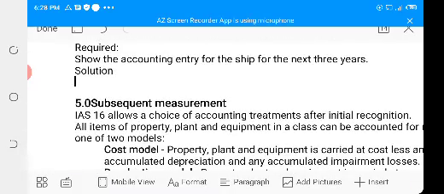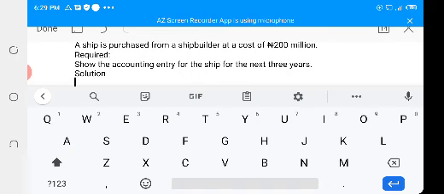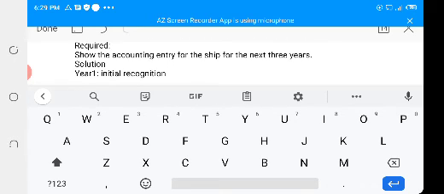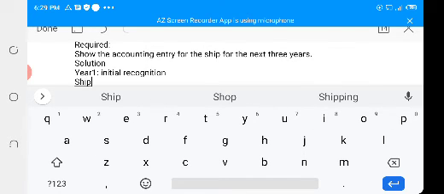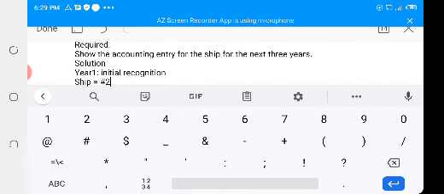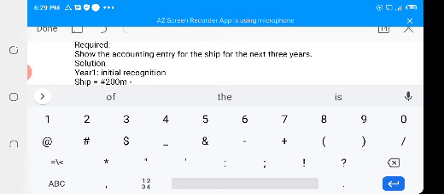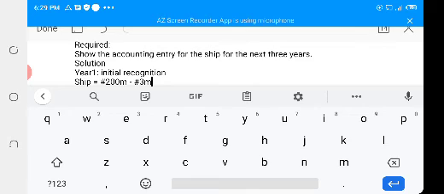Now, for the solution, the initial cost of the ship itself in the first year, that is year one, for the initial recognition of the ship will be 200 million minus the 3 million for the major inspection.